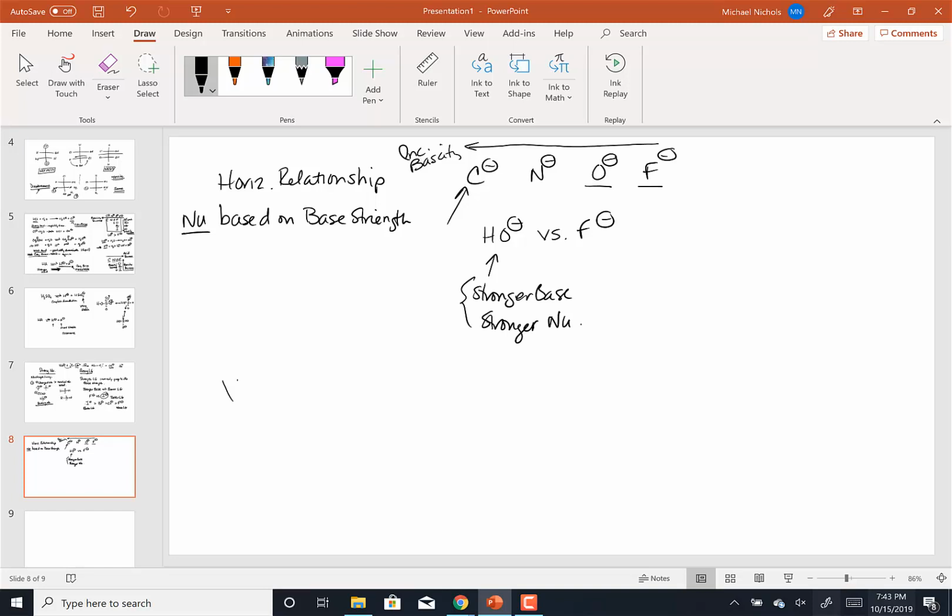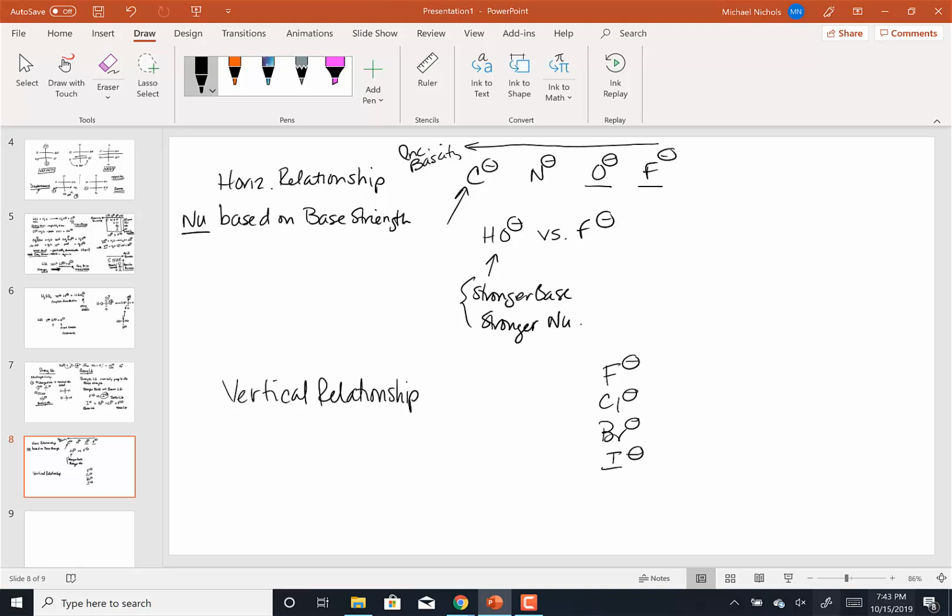Of course, what happens in a vertical relationship? In a vertical relationship, we have an F minus, a Cl minus, a Br minus, and an I minus. Okay, now this is totally based on experimental results.